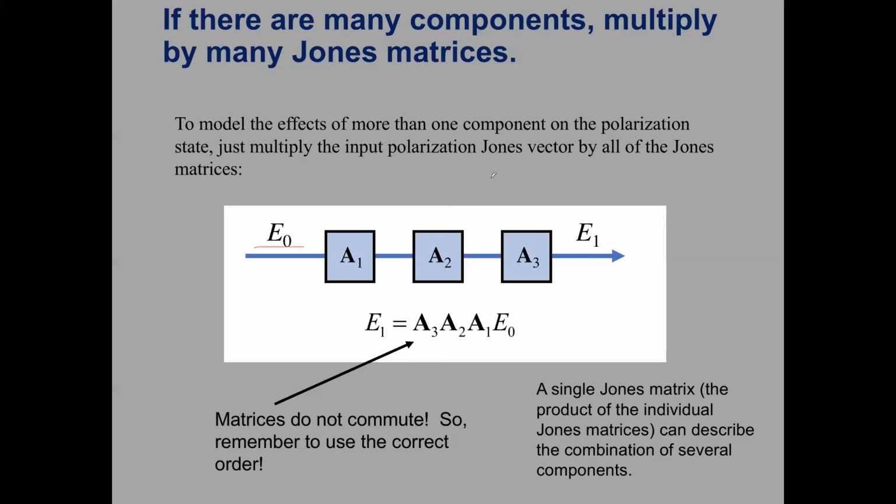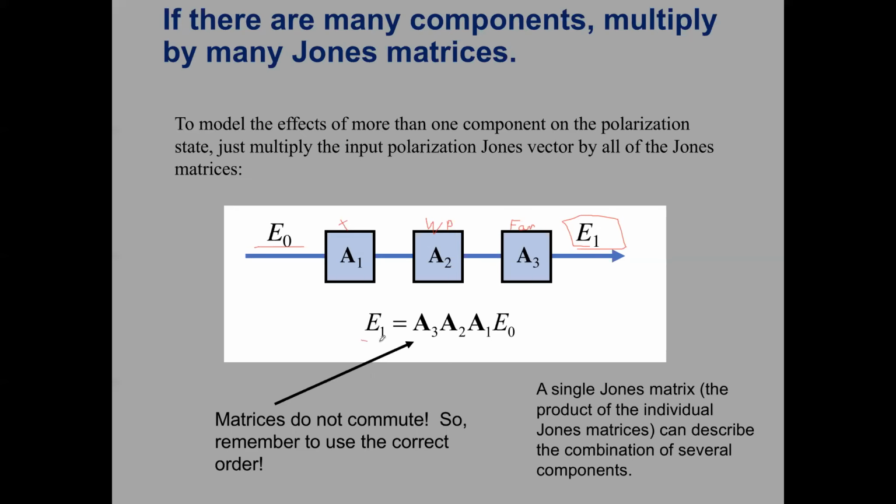Perhaps this is an X polarizer, perhaps this is a wave plate, perhaps this is a Faraday rotator. If we want to model the effect of all of these things on the light wave and see what happens to the polarization at the end, we just have to chain our matrix multiplication. The only trick is that because matrices don't commute, we have to make sure we multiply by the matrices in the correct order.